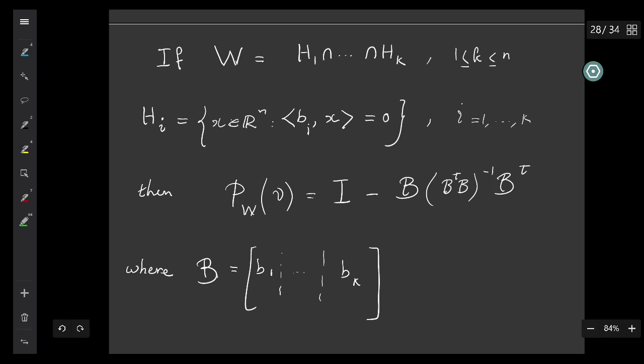Okay, and so then we can just write the associated matrix to P. Okay, this is not accurate, so I have to write this.